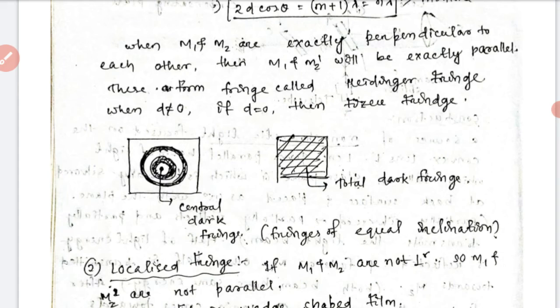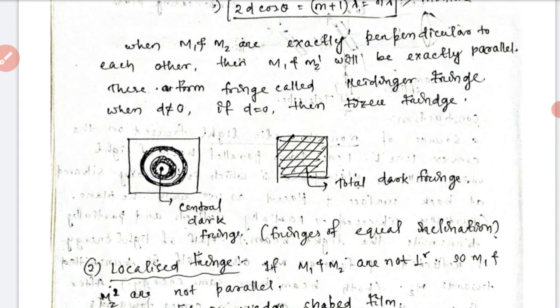If the distance between them is 0, that means if M1 and M2 dash lie in a line, then we get Fizeau fringes. Fizeau fringe is totally dark fringe, and we also call it fringes of equal thickness.